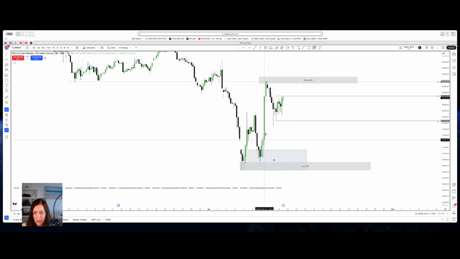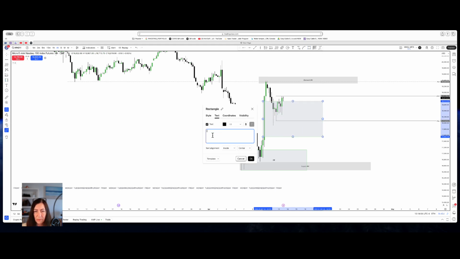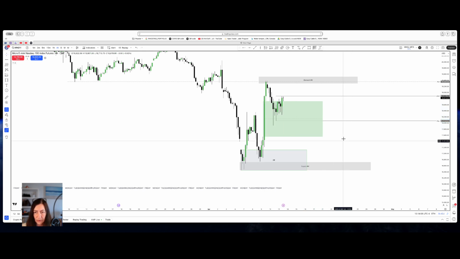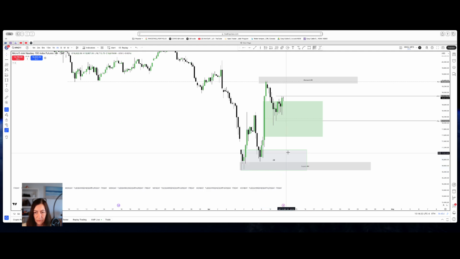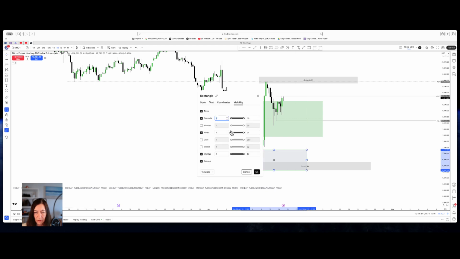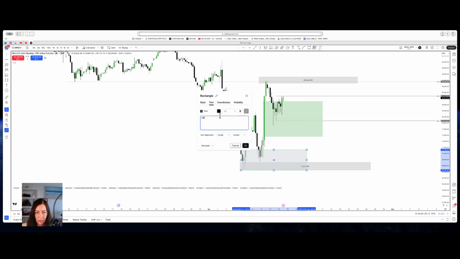We have this large BISI here. Let's make sure that we call it order block on the 4 hour.